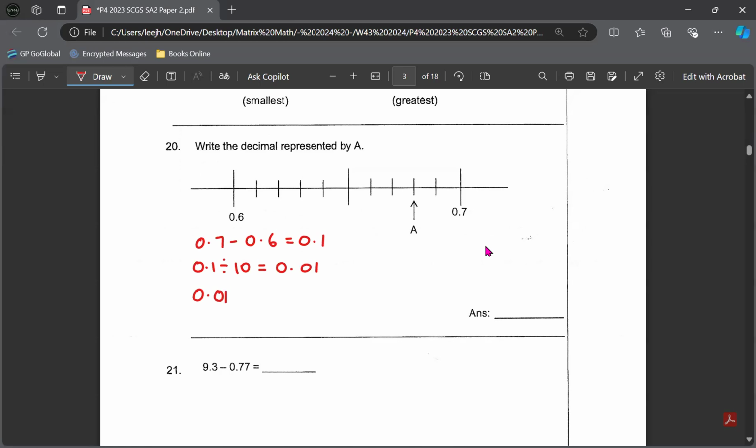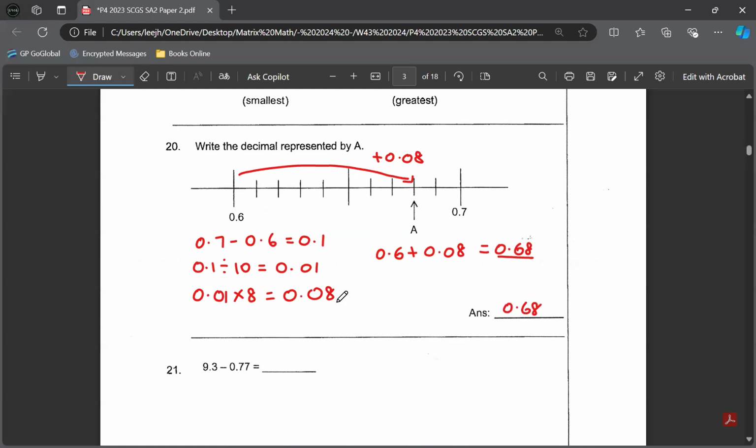So 0.01 times 8, 0.08. It is 0.08 here. This whole thing up to here is plus 0.08. So what is the value? 0.6 plus 0.08, which gives us 0.68. This is your answer.